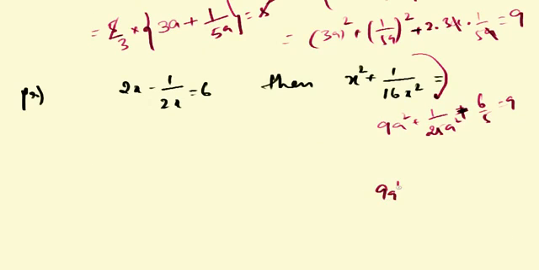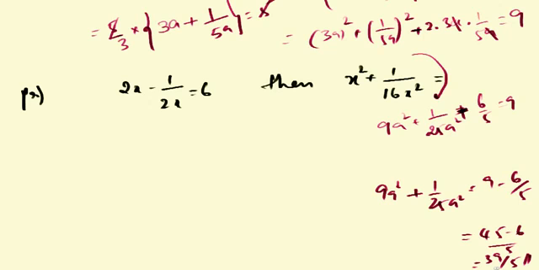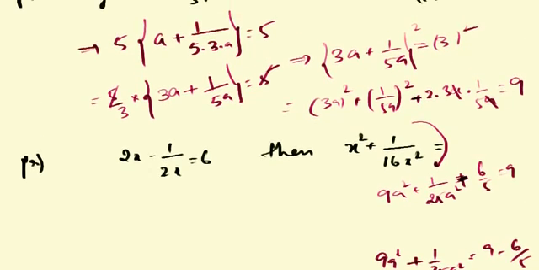9a square plus 1 by 25a square is nothing but 9 minus 6 by 5. This is nothing but 45 minus 6 by 5. So what will you get? 39 by 5. This is how you will get the answer. It may seem lengthy, but once you practice this, you will get the answer.